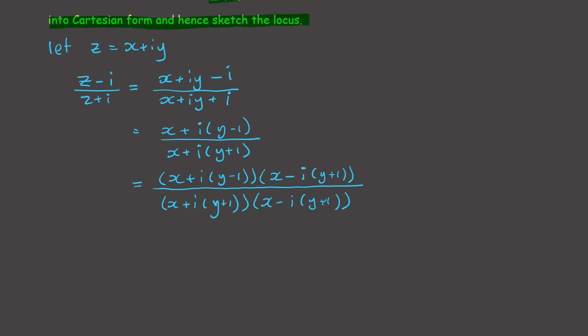Now the denominator there is just going to be a difference of perfect squares, so we're going to have x squared plus (y plus 1) squared.